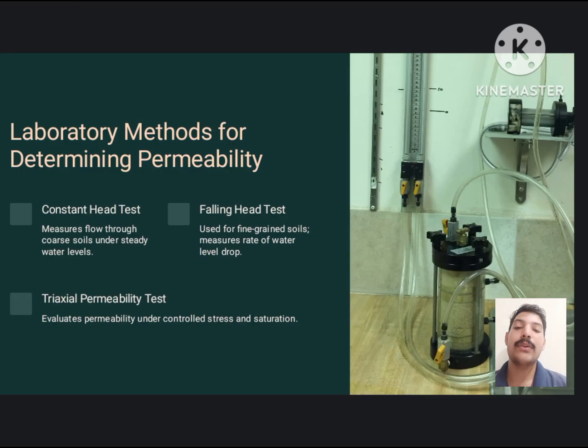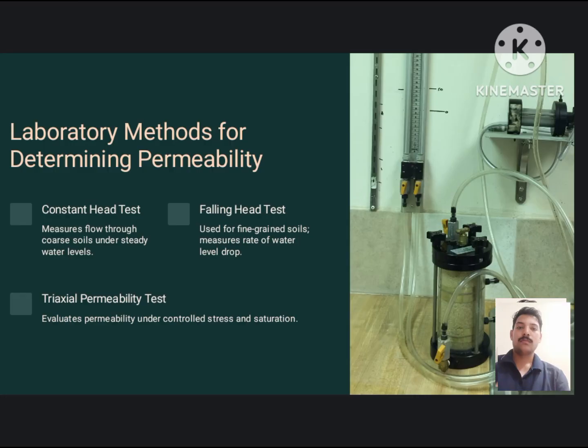Also, the laboratory methods for determining permeability. Constant head test: it measures flow through coarse soil under steady water levels. For coarse grained soil like sand and gravel, water is kept at a constant height and the flow is measured.